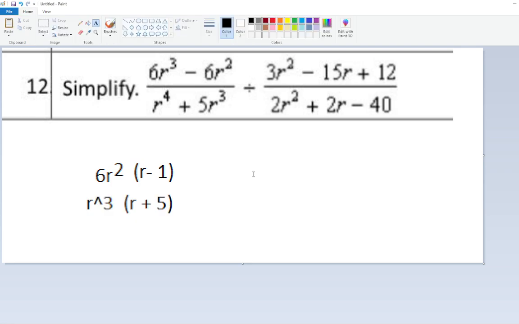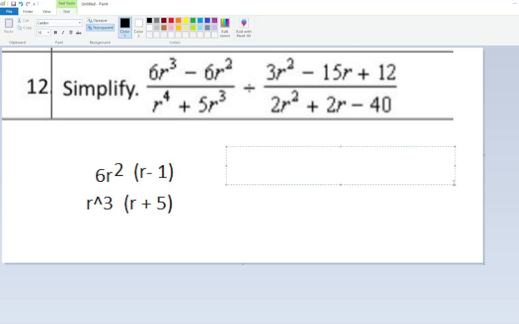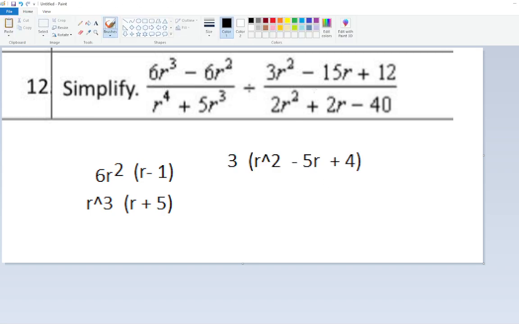Let's factor this next one before we flip. Before you try to find the factors of the top one, always see if there's a number in common that you can factor out. There is 3. We're left with R squared minus 5R plus 4. This makes factoring a lot easier because instead of looking for a number that multiplies out to 36 and adds up to minus 15, we're now looking for a number that multiplies out to 4 and adds up to minus 5, which is a lot easier to figure out.